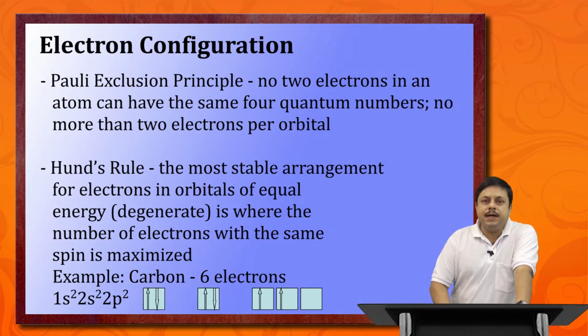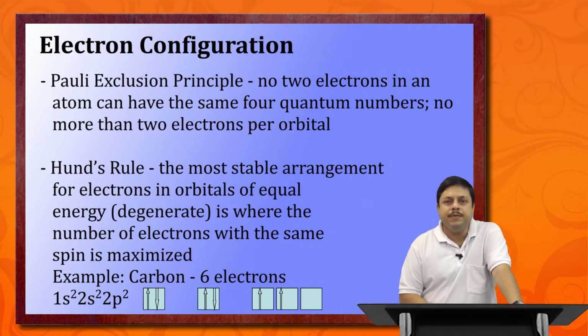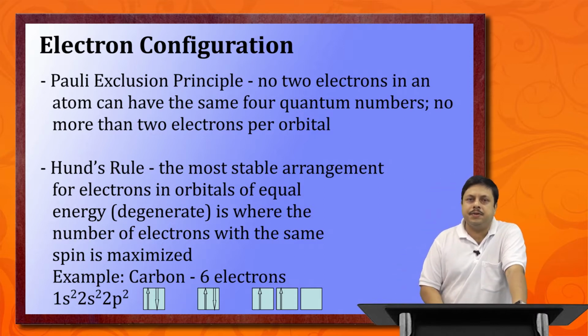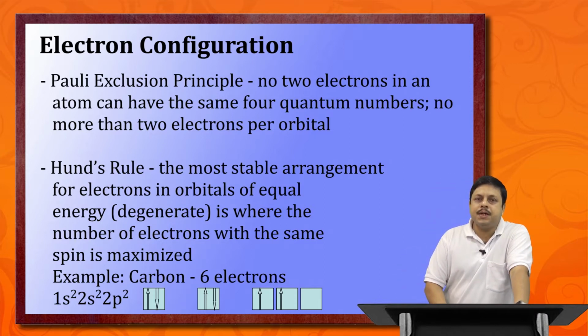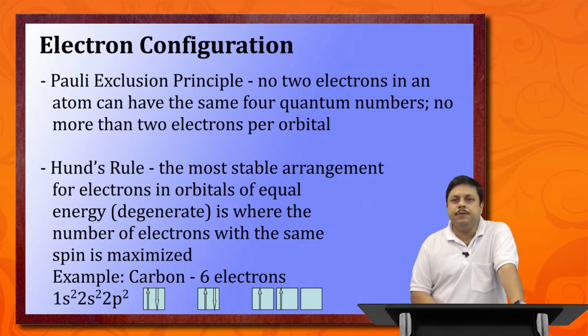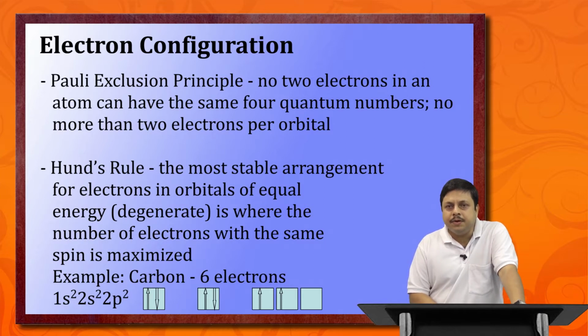So with this idea in force, if we go and fill up these electrons, say for example, carbon, it has got 6 electrons. So 1s, 2s and 2p are the orbitals. So firstly, if you take into account the Pauli exclusion principle, this particular electron on the left has an n value of 1, l value of 0, that means s orbital, ml value of 0 and ms value of plus half.